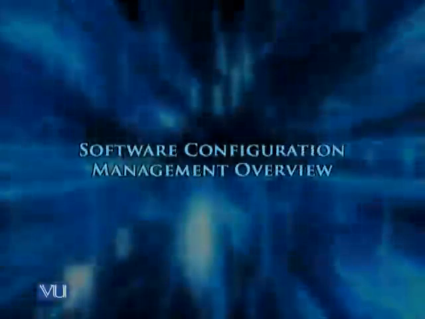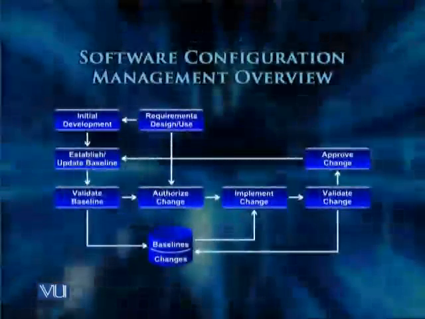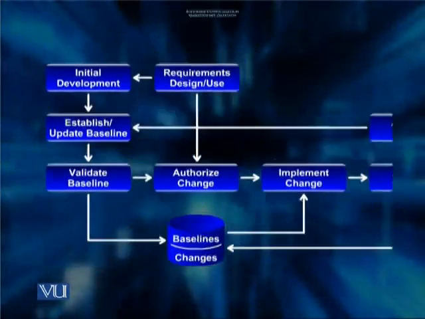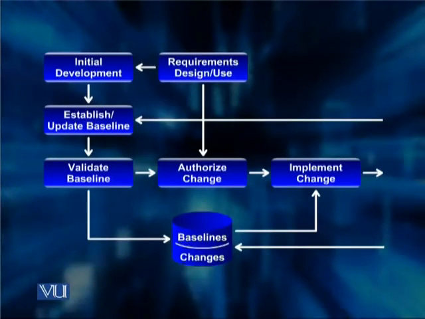Now, I'm going to show you another picture which provides the software configuration management overview. It shows the database, it shows different activities, and it shows the flow of information or data also. So here you are looking at the software configuration management overview. Initially you have requirements or design or use activity, and then you have initial development, after which you need to establish a baseline.